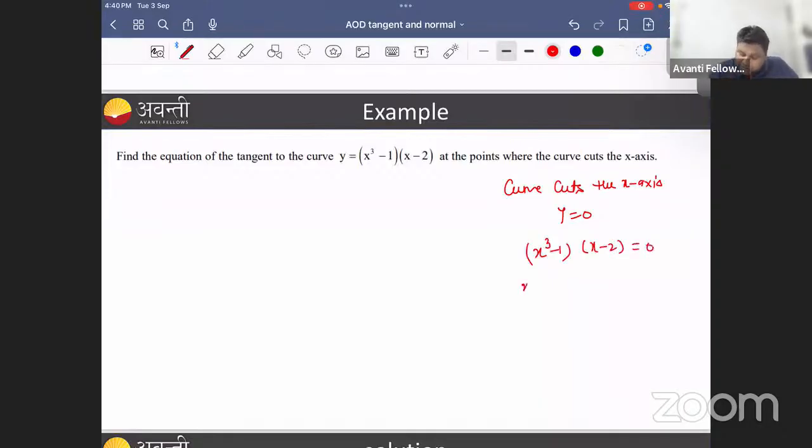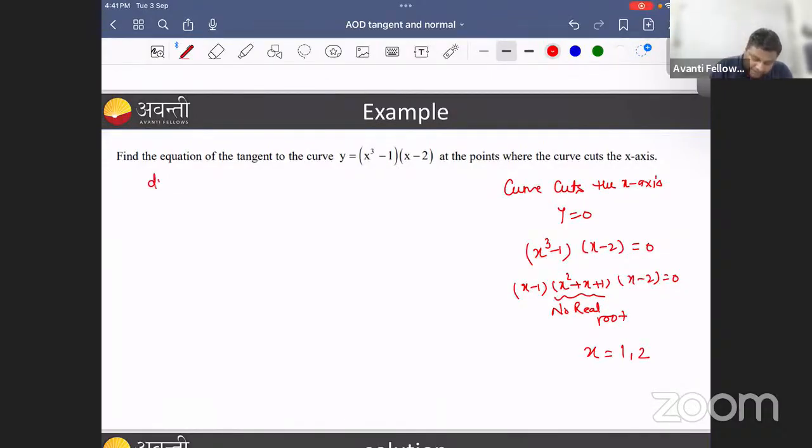So what you will do: x cube minus 1 into x minus 2 equals 0. This x cube minus 1 is x minus 1 into x square plus x plus 1, into x minus 2 equals 0. Now this factor has no real root. That means x equals 1 and 2. So these are the 2 points where this curve cuts the x-axis.